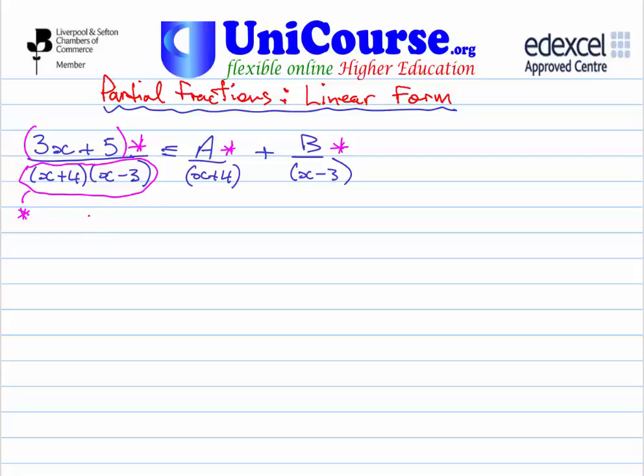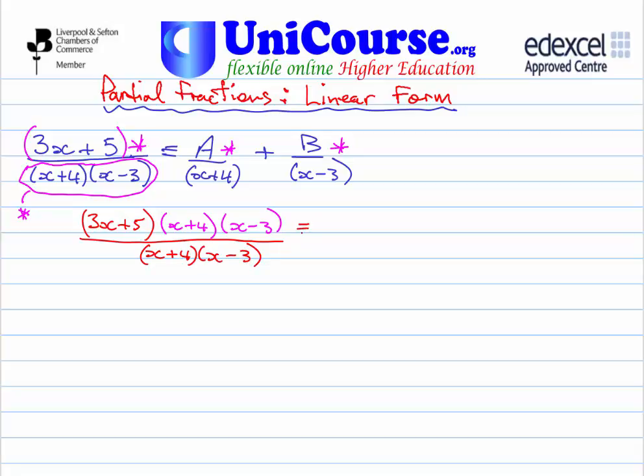We've got 3x plus 5, which is what I had in the first place. Okay, that's going to multiply, let's keep it purple, x plus 4 times x minus 3. That's going to sit over what was there originally, which was x plus 4, x minus 3.